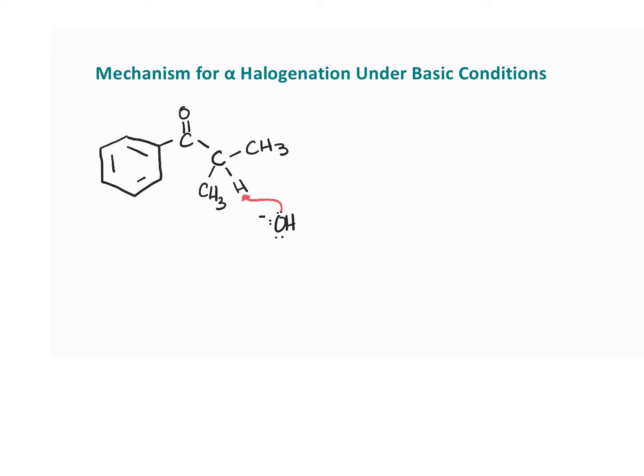Because that proton on the alpha carbon is just a little acidic, it reacts with the base. Then these electrons go back onto the carbon here, and so that is a general proton transfer reaction.